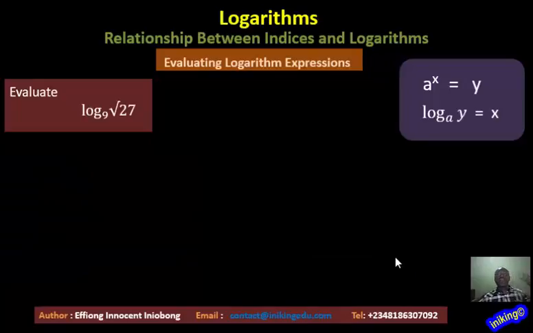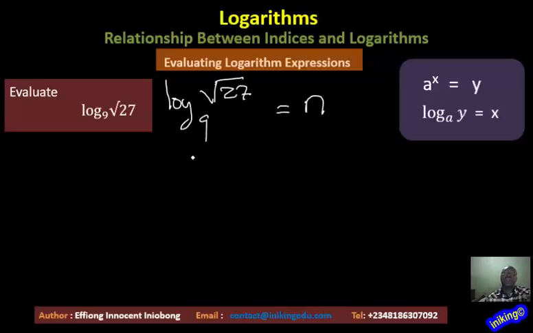There is a last question under the relationship between indices and logarithms. We are evaluating logarithmic expressions. We are asked to evaluate the logarithm of the root of 27 to base 9. Shouldn't be scared of this. Again, let this be equal to, let's use n.